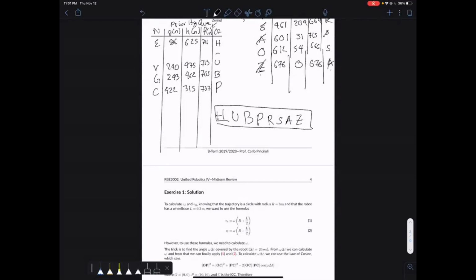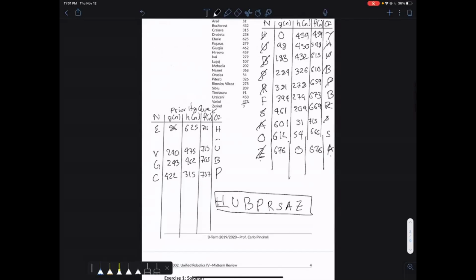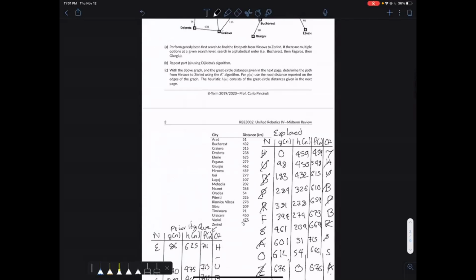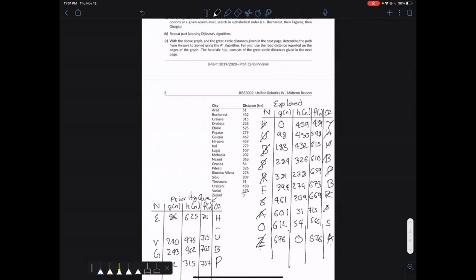Cool. I'm sorry that took so long, but hopefully that brought some clarity on exactly how to do this. Nothing he gives you should be this difficult, more just this tedious, because this was a pain to get through since it was so long. But if you can do this, you will be set for the midterm.